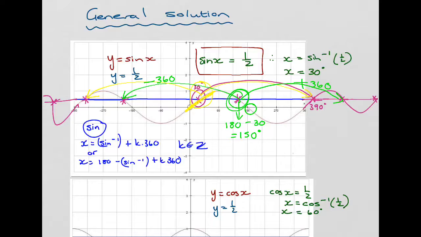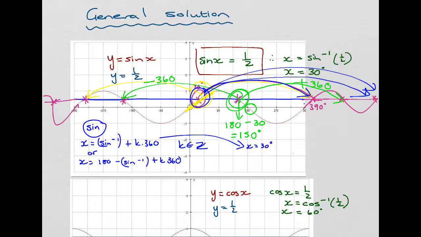And it's 360 because of the period of sine, and k is an integer because that's talking about your hops. So it's 30 degrees, I can hop 1, so that's k is 1. Then I can hop 2, I can hop 3. So if we want to know where another one is in however many hops, we could say x is equal to 30 degrees plus, let's say, 6 lots of 360, just like your general term.